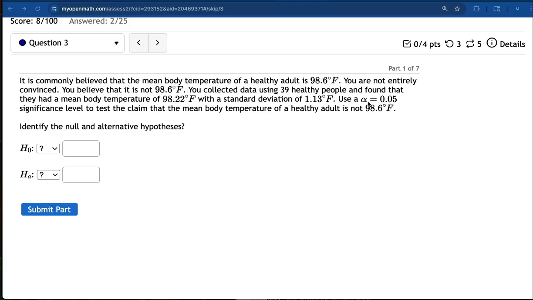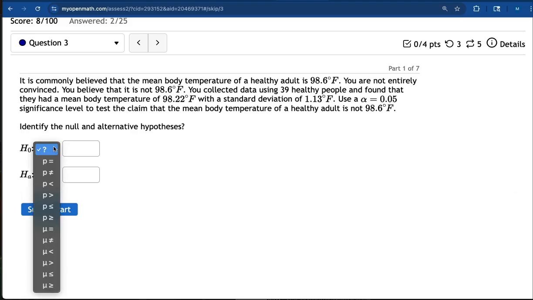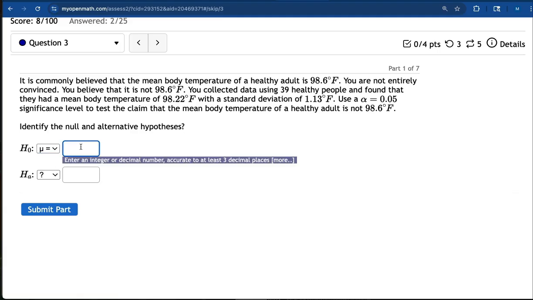Use alpha, there's your Greek letter alpha there, that's our significance level. Alpha equals 0.05, significance level, to test the claim that the mean body temperature of a healthy adult is not, in fact, 98.6 degrees Fahrenheit. So the first thing we're going to do is to identify the null and the alternate hypotheses. This is about a mean, so the null is always mu equals, and that's the value that we're testing against.